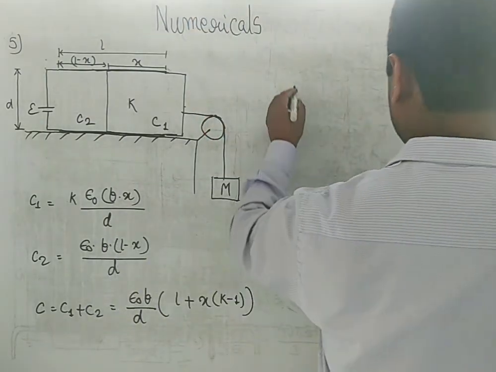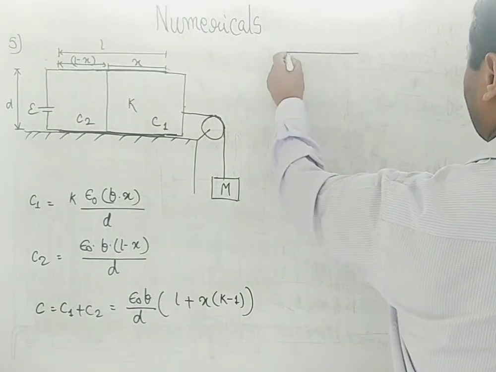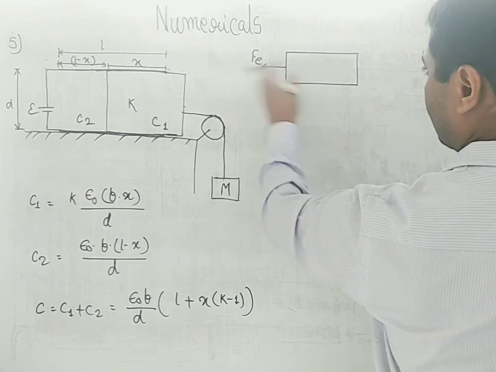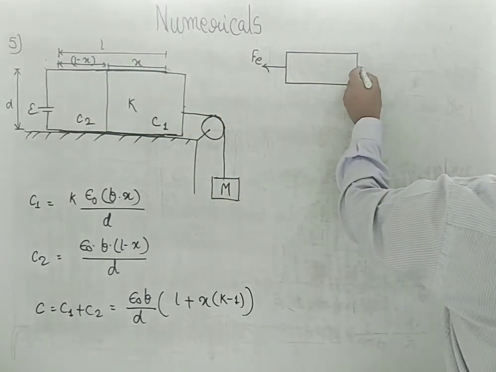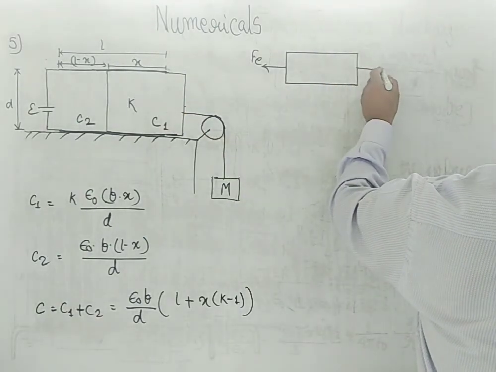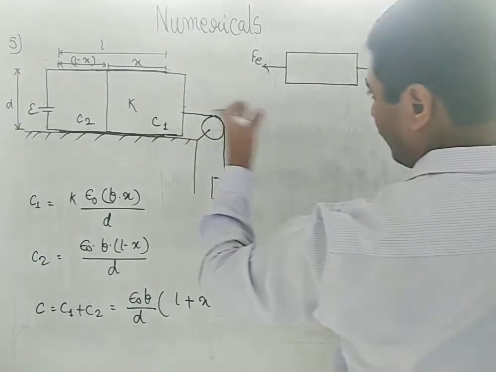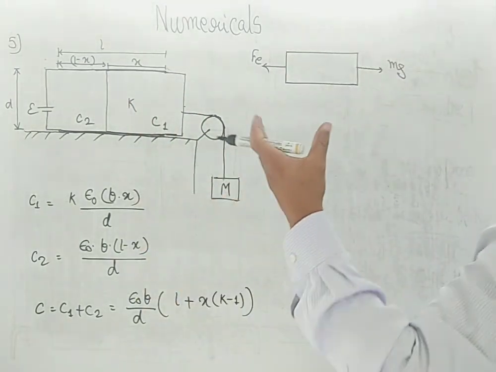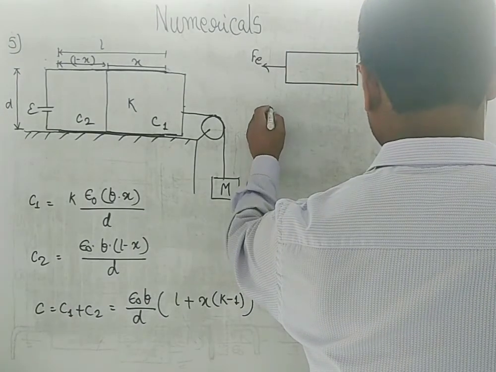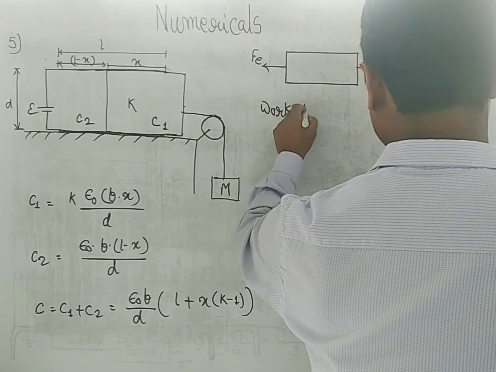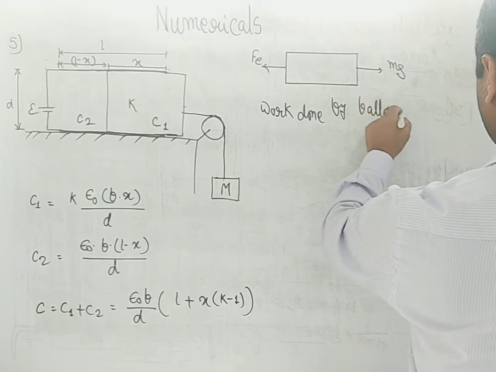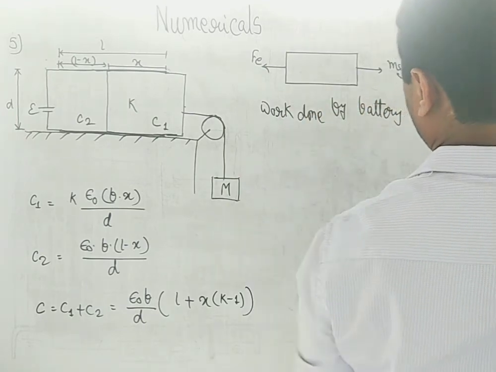Thereafter, we have the electrostatic force Fe acting towards the inner portion of the capacitor, and the weight will try to drag the dielectric slab out of the capacitor, so the two get balanced. Here we calculate the work done by the battery to produce this situation.